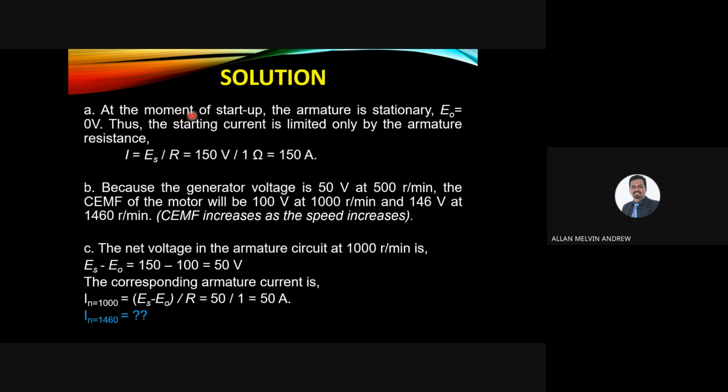At the moment of startup, the armature is stationary, so EO equals 0 volts. Thus, the starting current is limited only by the armature resistance, which equals ES over R. So no EO. ES is 150 volts, R is 1 ohm, so it is 150 amperes.